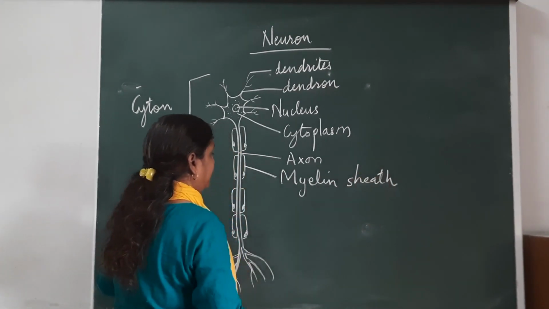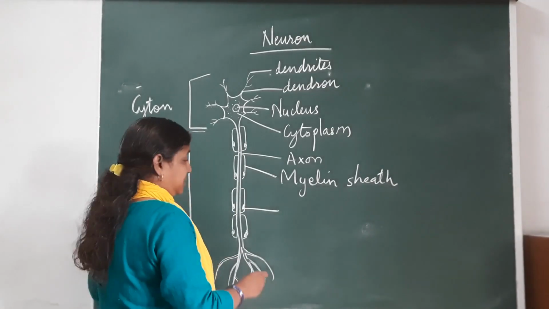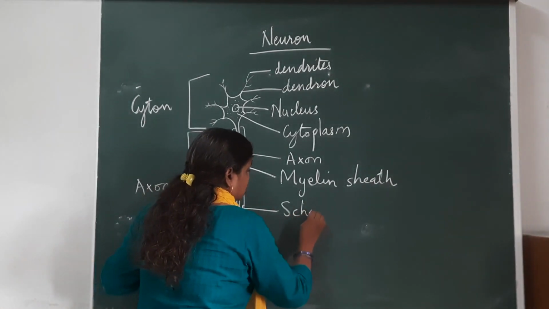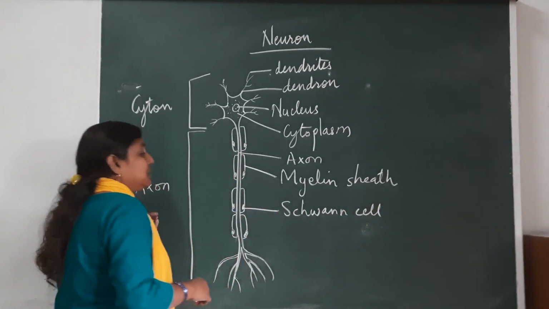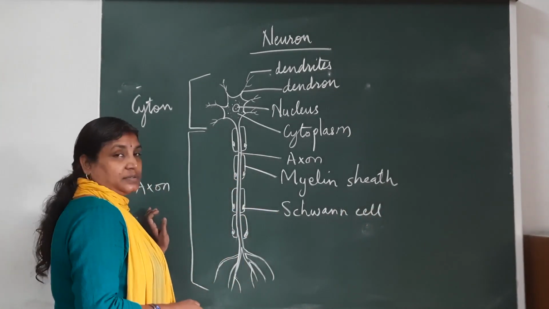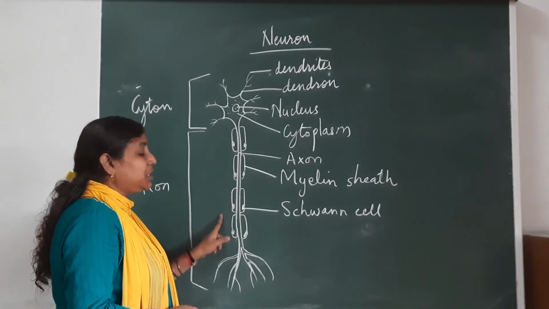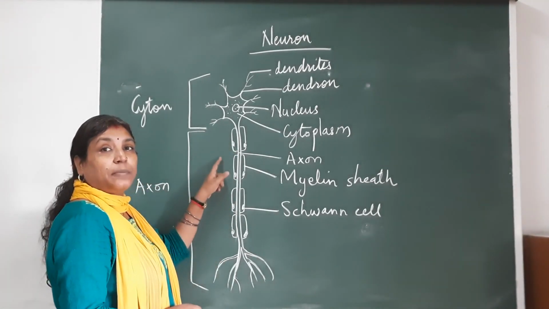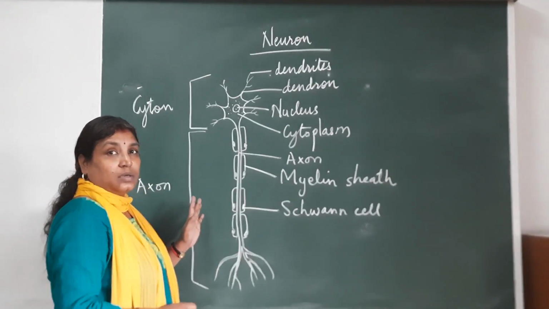and it has specialized cells within it. They are known as Schwann cells. These cells are specialized cells. Now you can see the insulation is not even. It's interrupted at regular intervals.